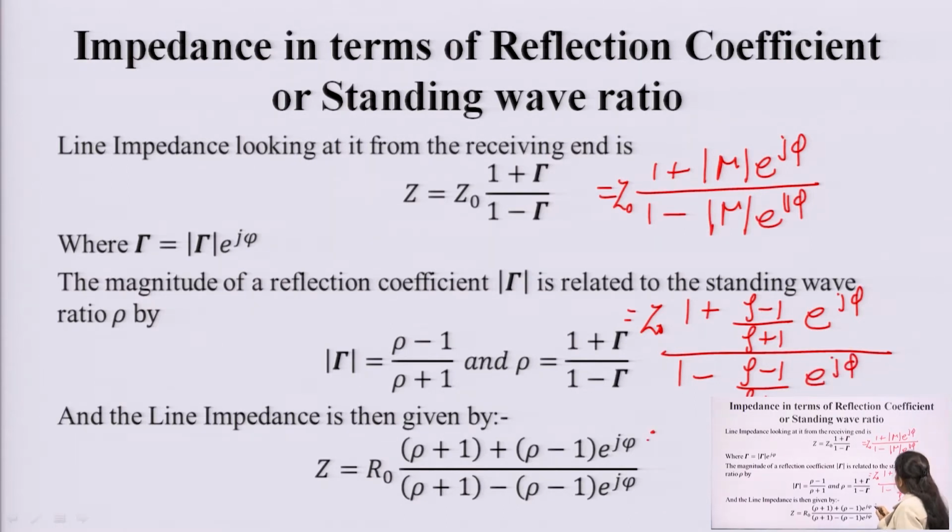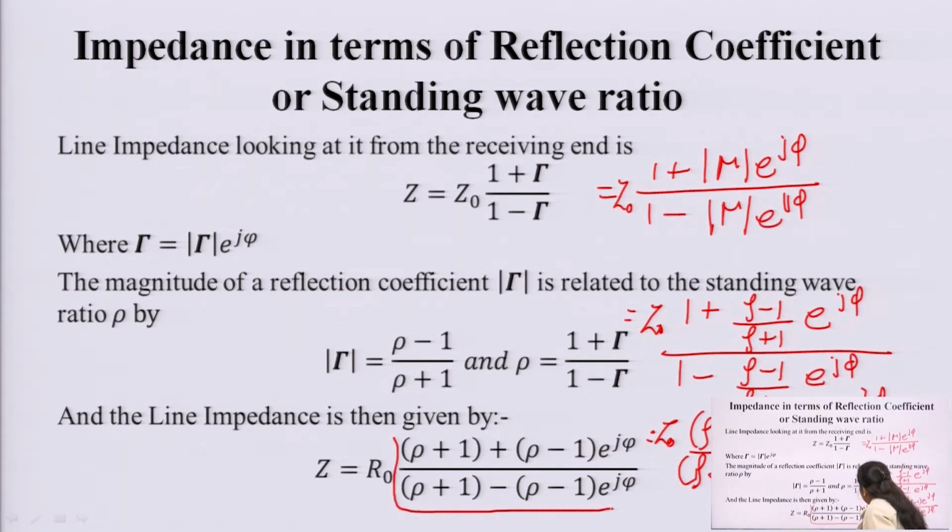When you write it, you will have this expression: rho plus 1 plus rho minus 1 e to the power j phi, by rho plus 1 minus rho minus 1 e to the power j phi. So, we are exactly getting this expression, and when we assume that our system is purely resistive, a lossless medium, then Z naught is replaced by R naught, that is a pure resistive medium.